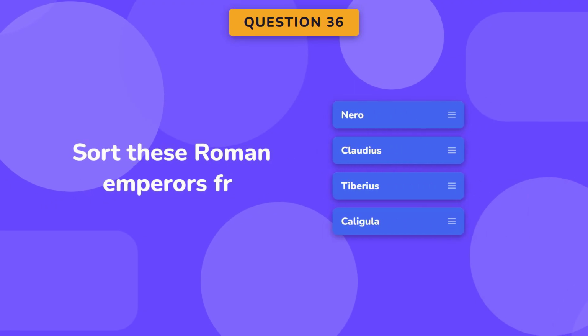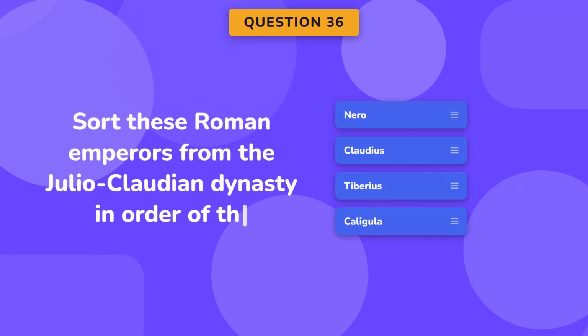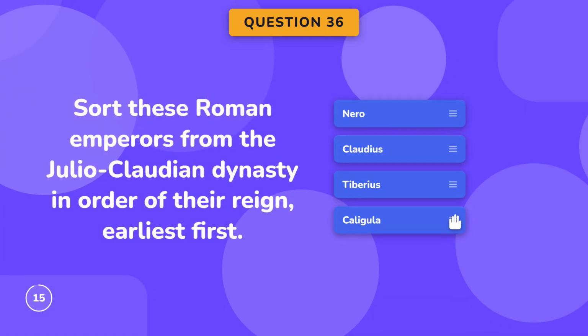Sort these Roman emperors from the Julio-Claudian dynasty in order of their reign, earliest first.